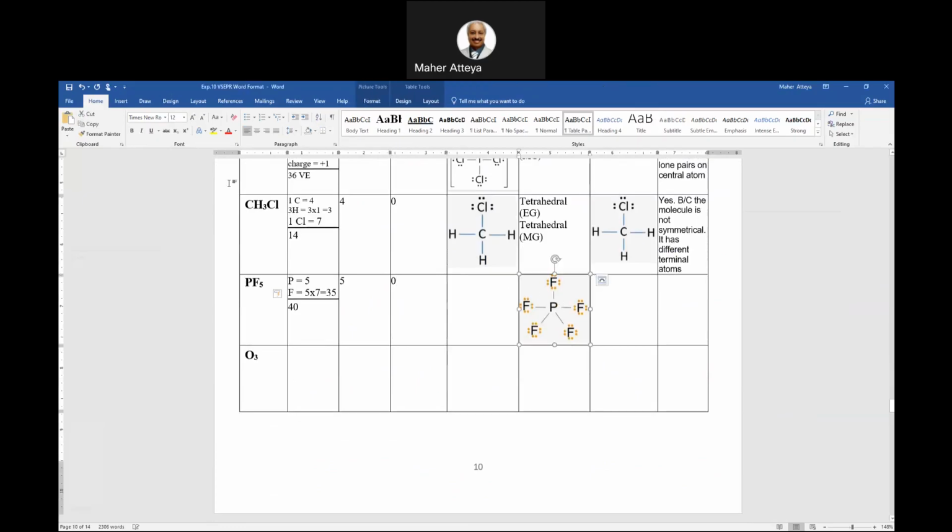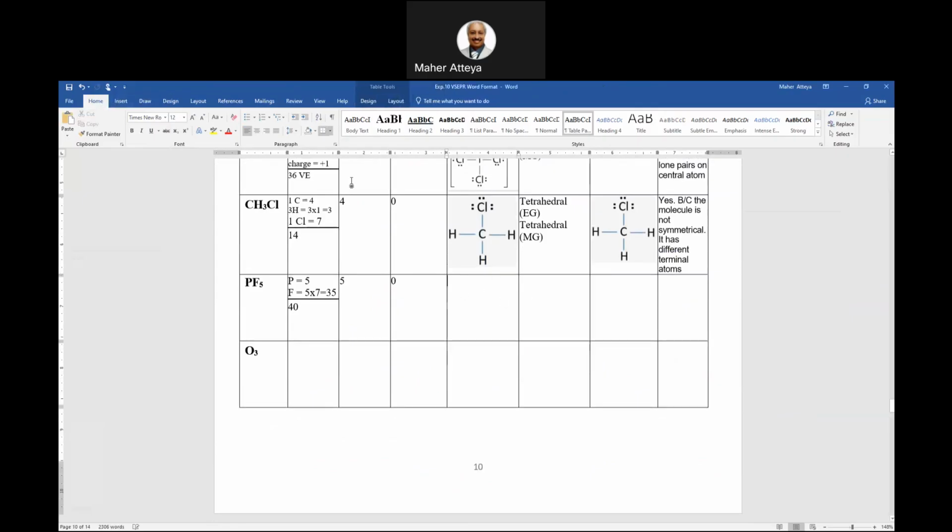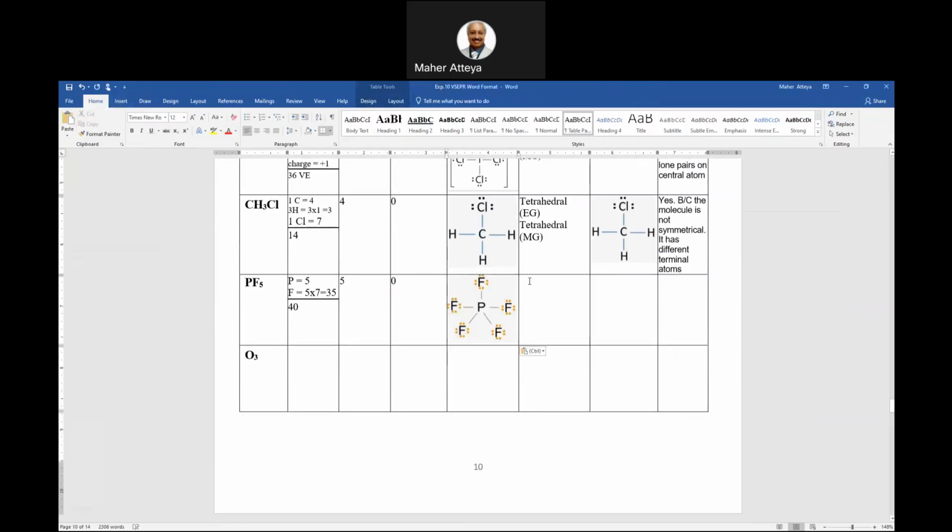So I'll put this one here. Oh, that's wrong. So let me cut it out. I have to put here, sorry. So here it is, it will be trigonal bipyramid.